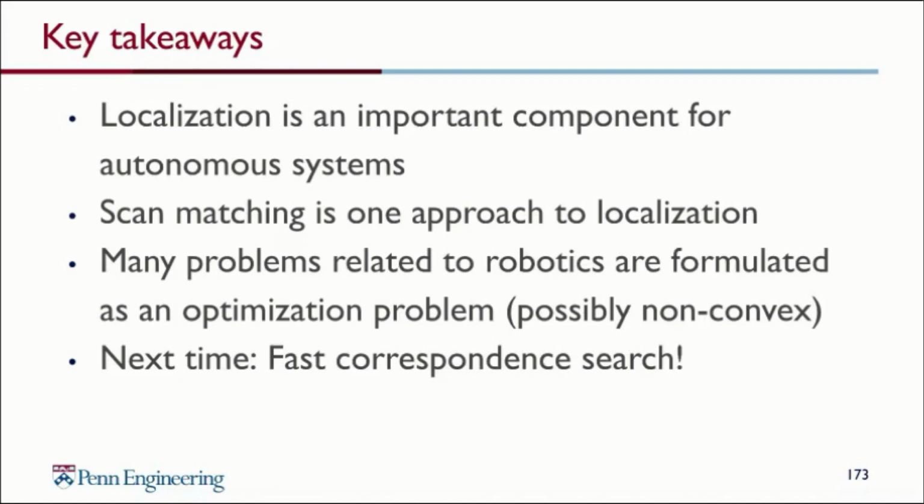And so we'll cover how to deal with some of these non-convex optimization problems later on in the course. And next time, we'll cover the fast correspondence search, which is the second part of the innovations of the PLICP algorithm.